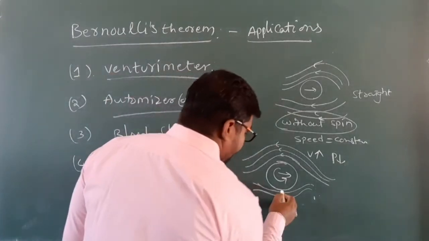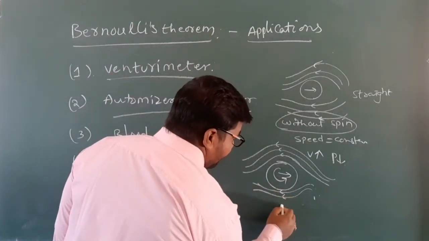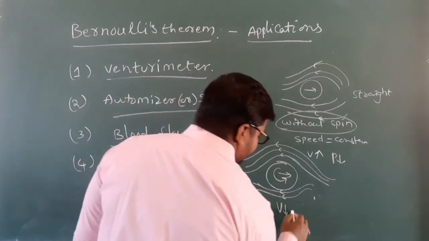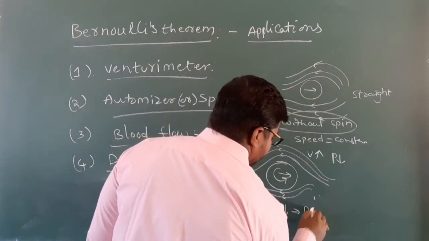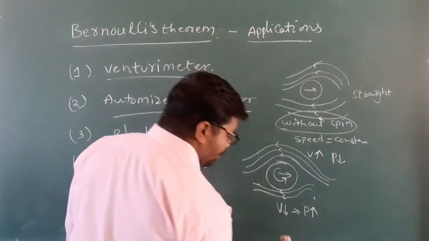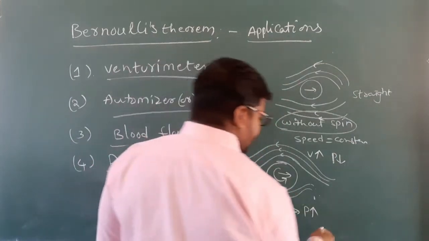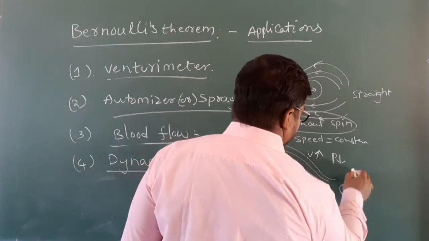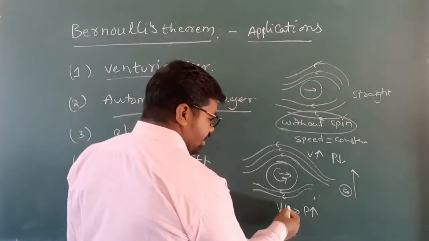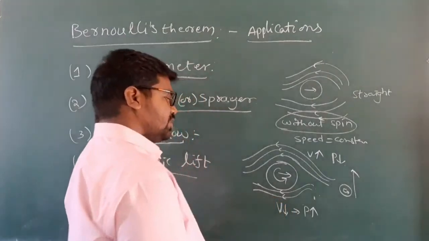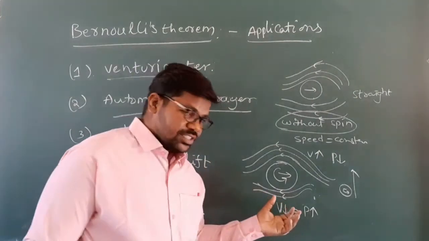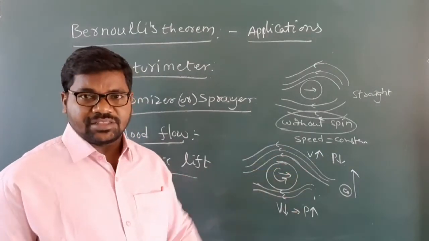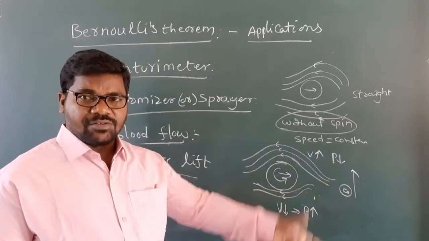Below the surface of the ball, velocity decreases, then pressure increases. So when pressure acts on the ball, the ball moves up. The dynamic force acting on the ball makes its path a curved path, like this.